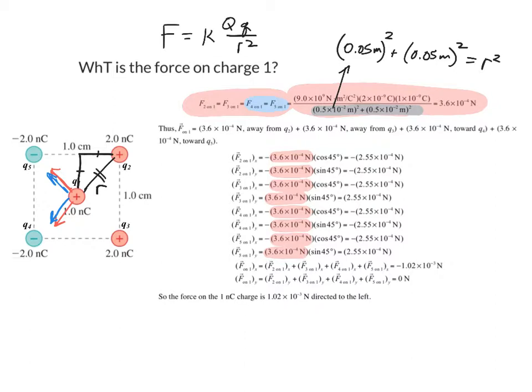And when we take them in pairs, so let's deal with force 2 on 1. Here, actually, let me switch to, so force 2 on 1 in the x and y directions.